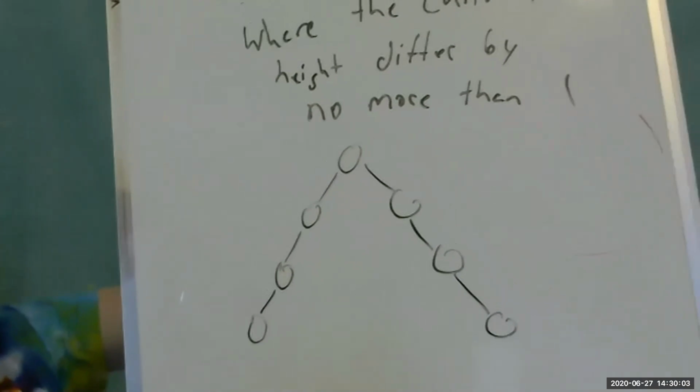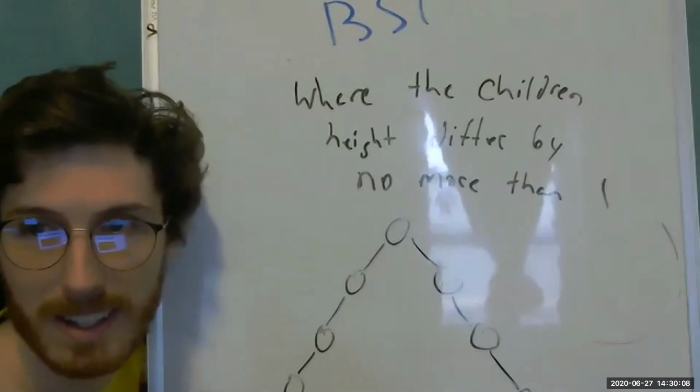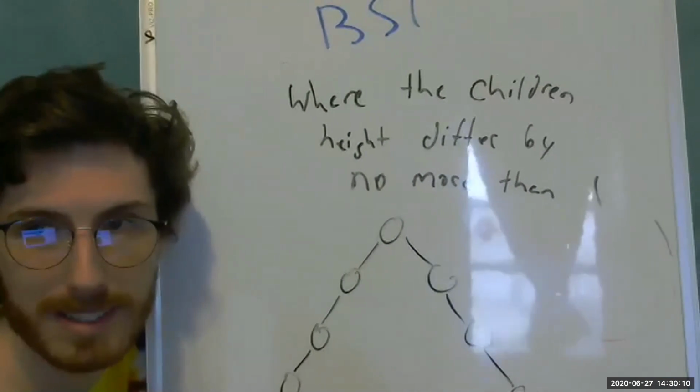Okay. So we got an 11 to 1. Let's see, who's the 1? Ashia, you want to say why it's not balanced?